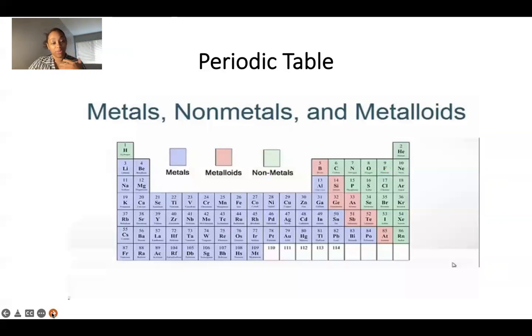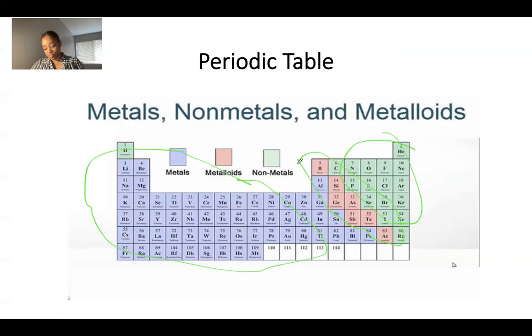Again, the distribution of metals, non-metals, and metalloids is important to know when it comes to naming your compounds, right? Knowing where all your metals are, all on the left side, and then your non-metals on the right side, and the red part is going to be your metalloids, right?